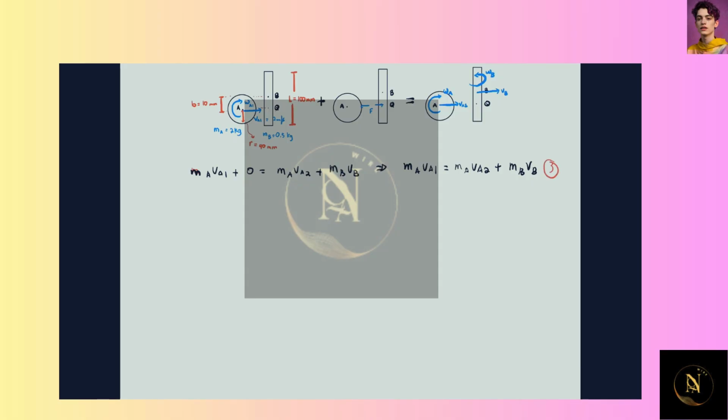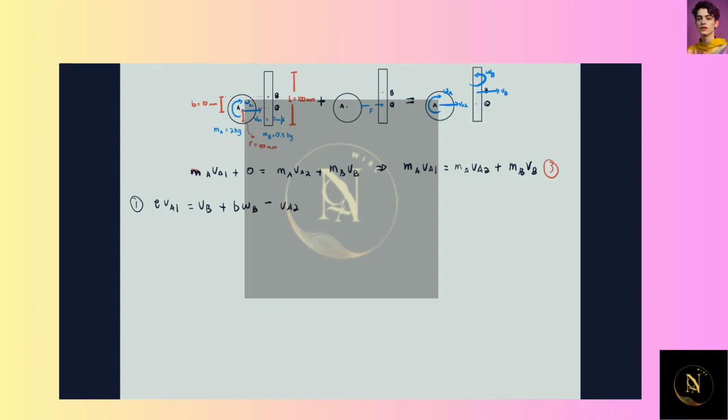Now, to make it easier to solve for the unknown values, we will first substitute the given values in these equations. Our equation 1 is e va1 equals vb plus b omega b minus va2.